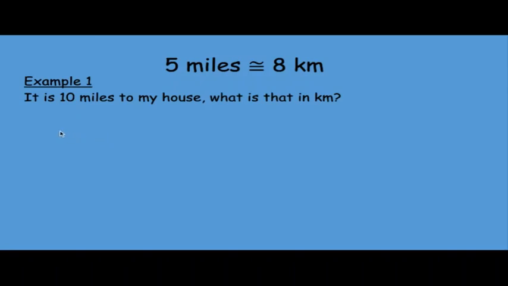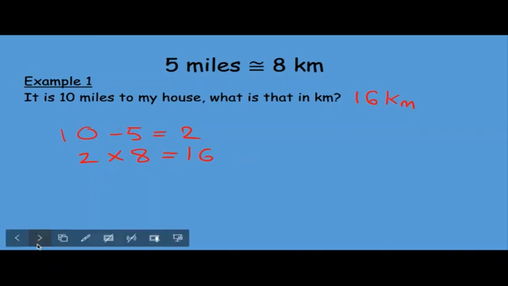So I'm going to say 10 divided by 5 is 2. That 2 we're going to then multiply by 8, which is 16. So what is that in kilometers? Well, it's about 16 kilometers.